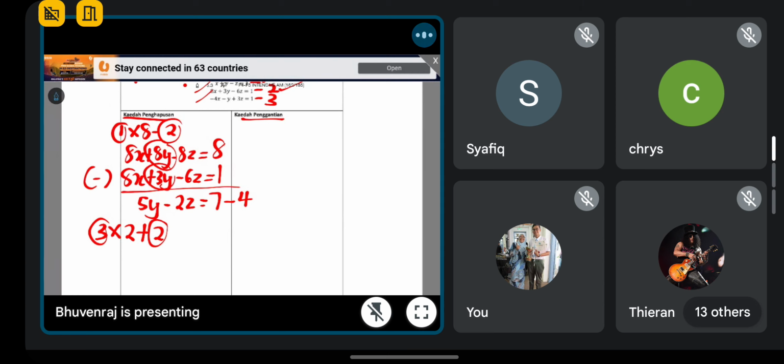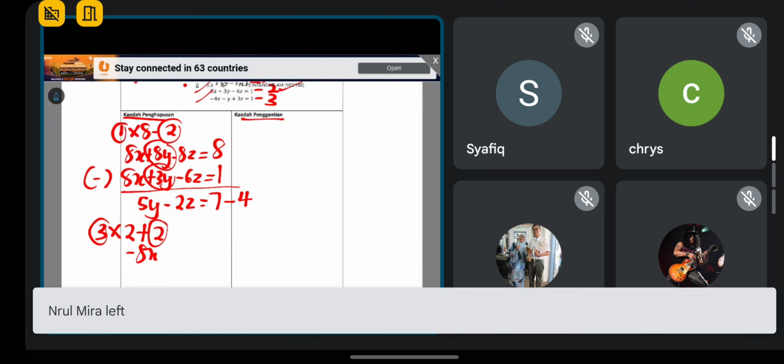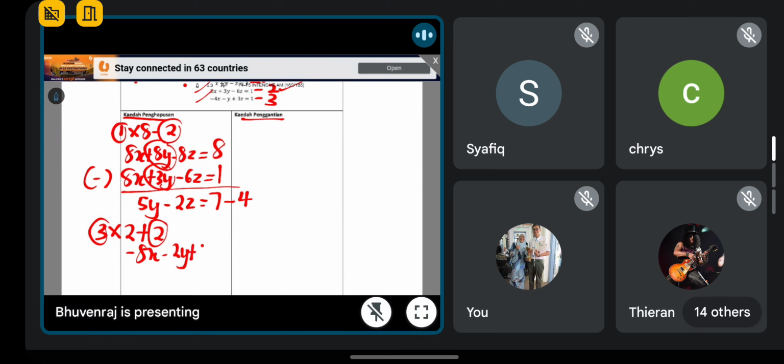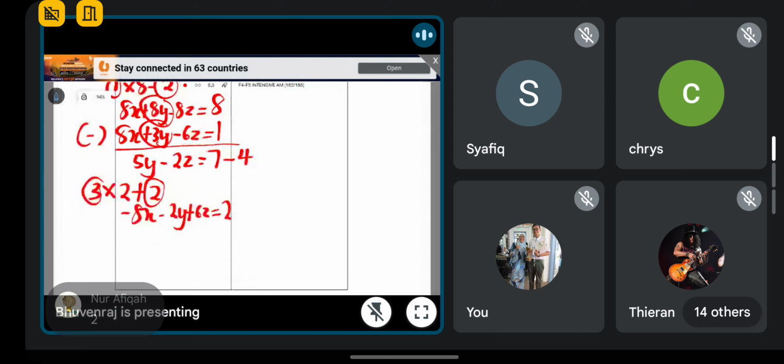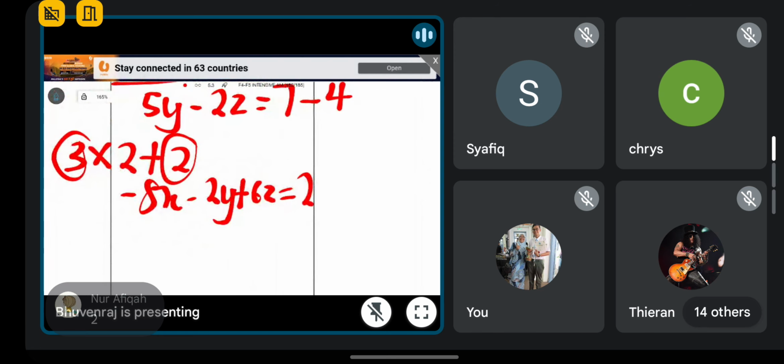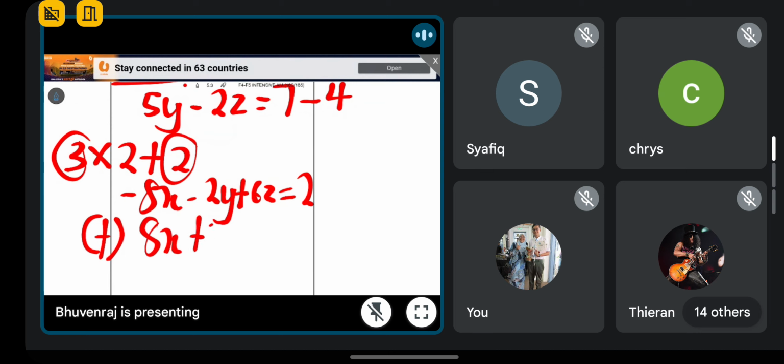You will get negative 8x minus 2y plus 6z equal to 2. Okay, ini adalah jawapan kamu. Kalau kamu darab persamaan ketiga dengan nombor 2. And then plus with the second equation. Tambah dengan persamaan kedua. So your second equation copy back. Nanti kamu akan sedar sesuatu kat sini.